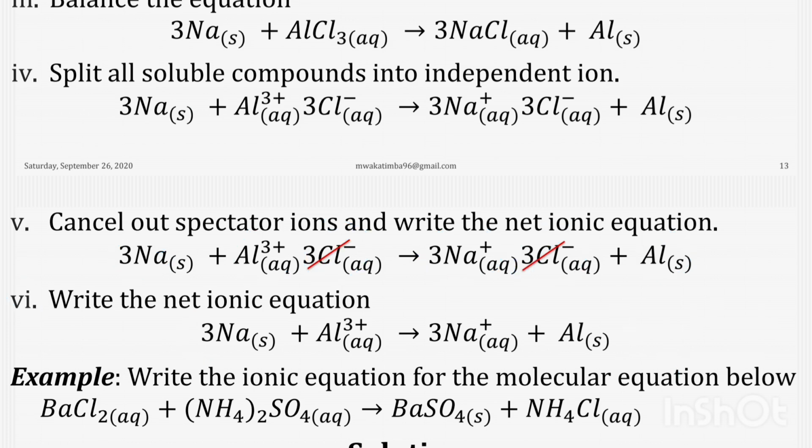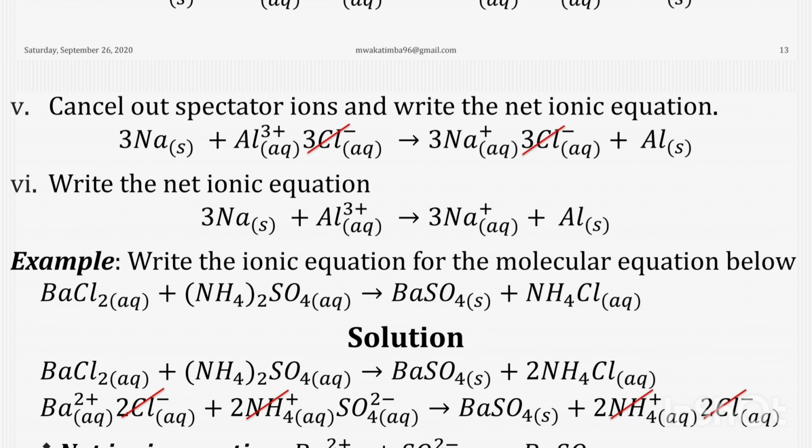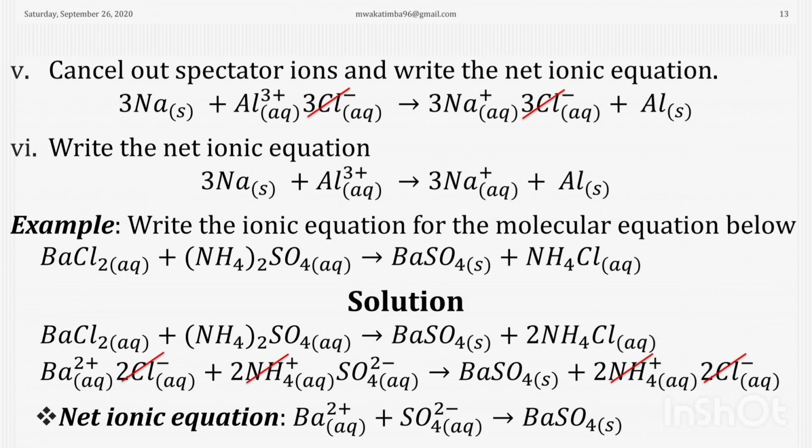We are together. So right now, on your own, try to express this one. Write the ionic equation for the molecular equation below, that's barium chloride, ammonium, and this one. So make sure that you write this precipitation reaction as an ionic equation.